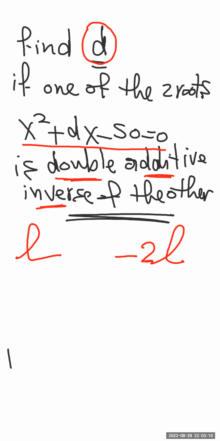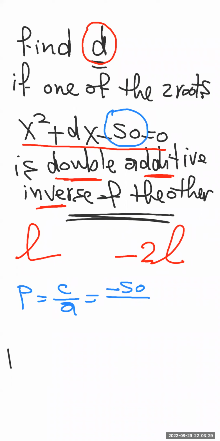So now, the product of the two roots. Why am I going to use the product? Because c here is given. So the product will equal c over a, which means negative 50 over 1, which means negative 50. So this is the product of the two roots. Where are the two roots? This one and this one.